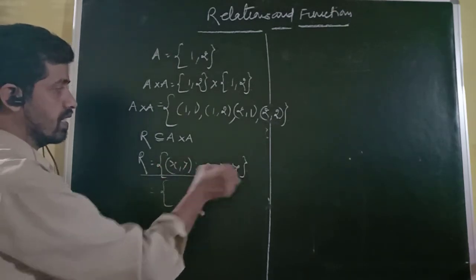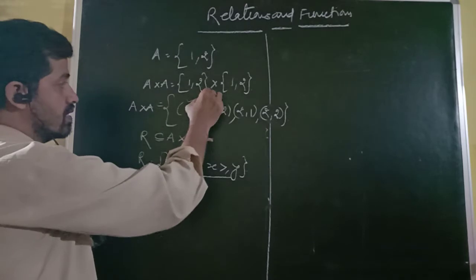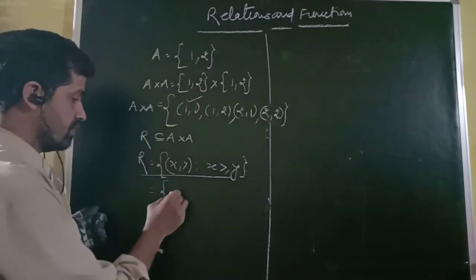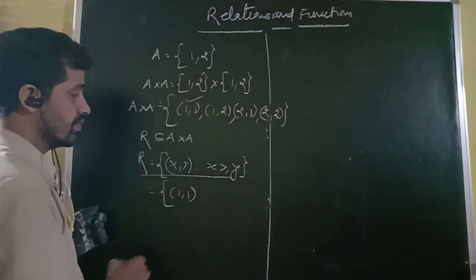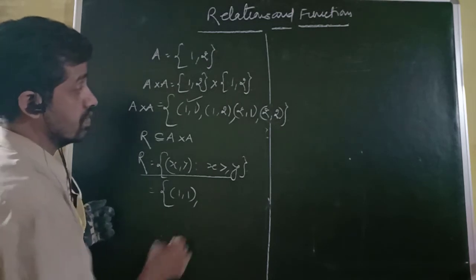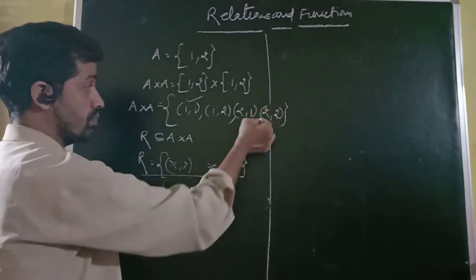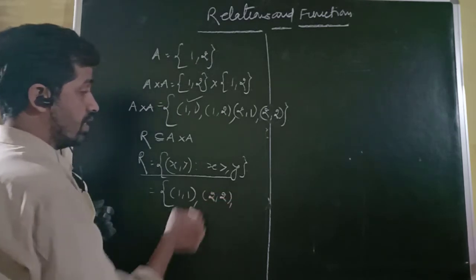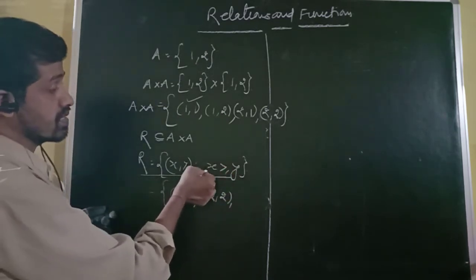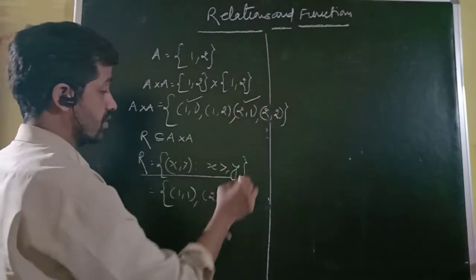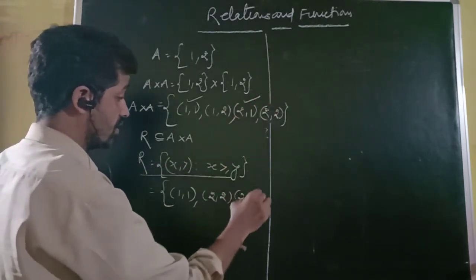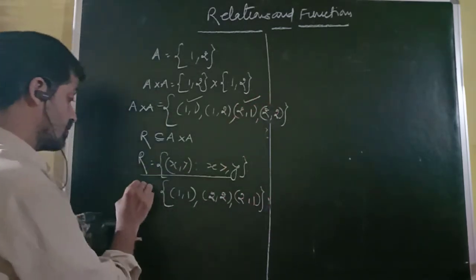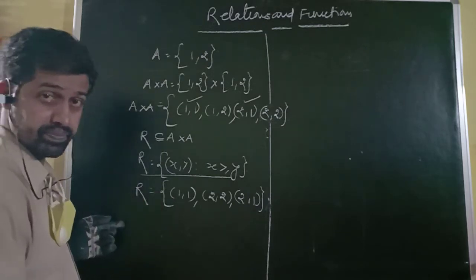So let us first collect. (1,1) is there, then (2,2) is there, because both of them are equal. And the next one, where the first is greater than the second, is (2,1). This we got. So that's how we got the relation.